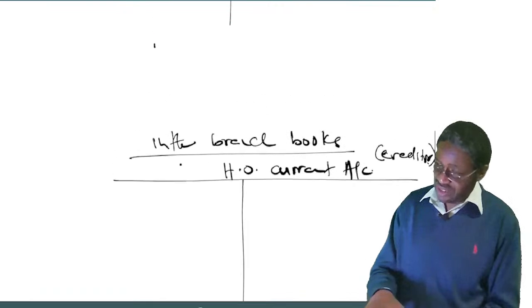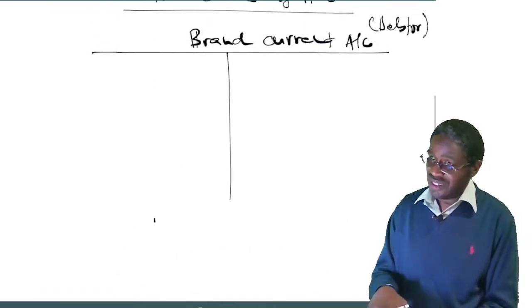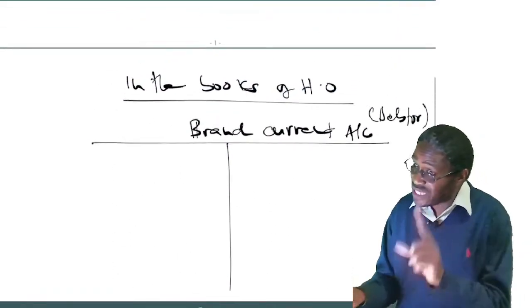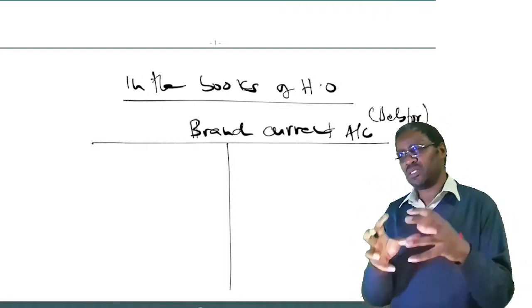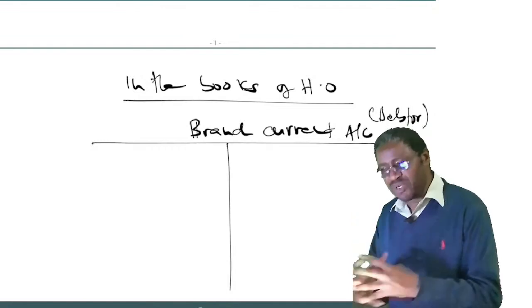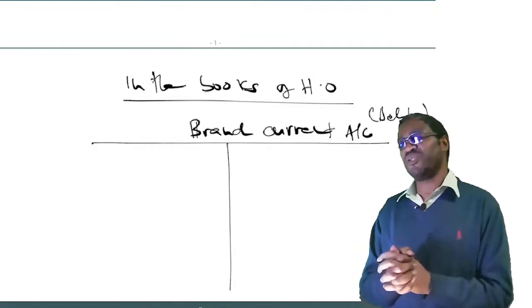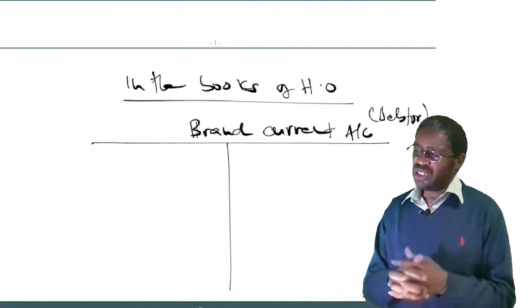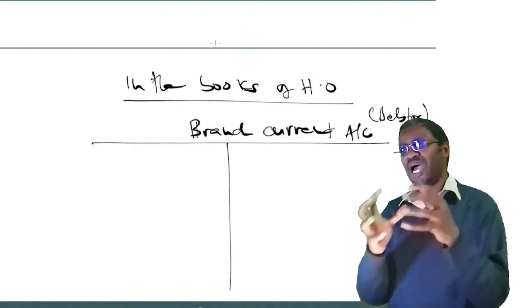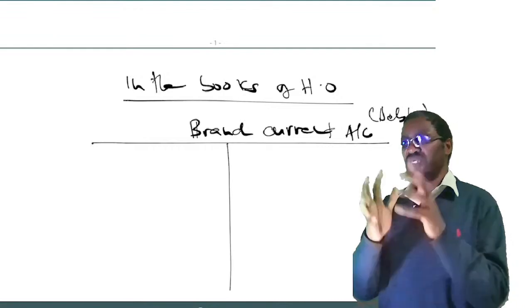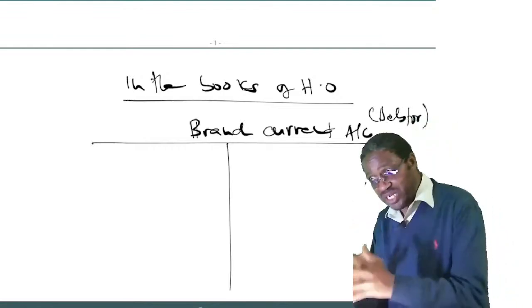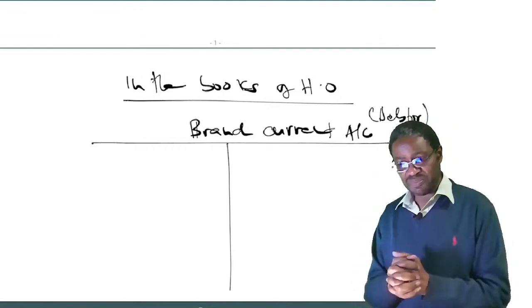So we are concluding by saying that the relationship between the head office and the branch is seen as that of a debtor/creditor relationship.